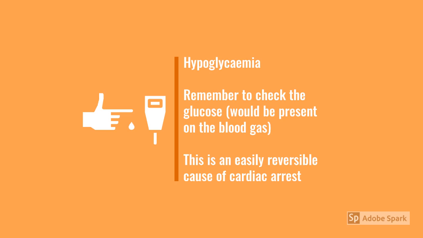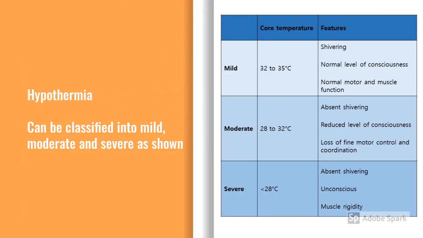Finally, the final H, hypothermia. I quite like hypothermia. And I think, again, this is one of the key issues on ILS, what determines hypothermia. A temperature of 35.5 is not hypothermic. It's quite cold, but it's not going to be significant enough to cause an arrest. Generally, when you're talking about a hypothermic arrest, it's a patient with a temperature at least below 30, normally below 28.